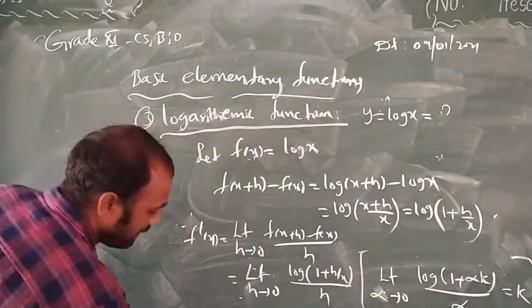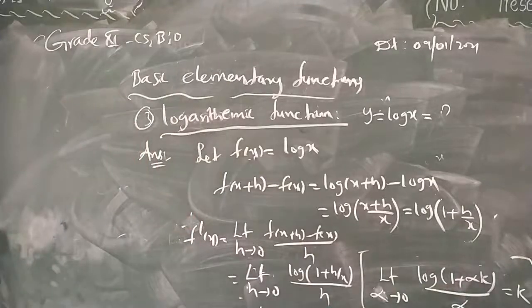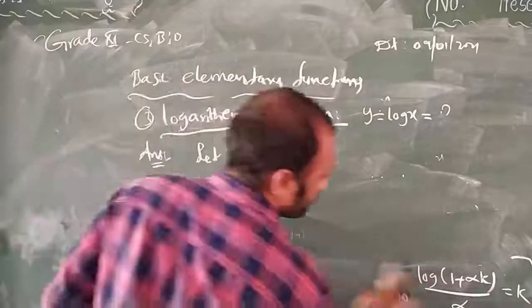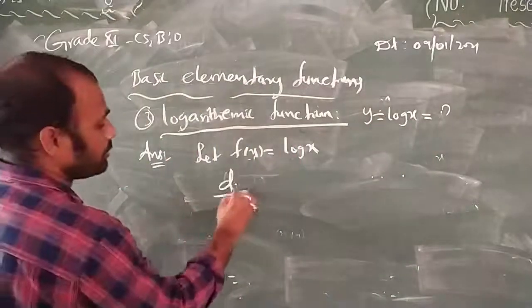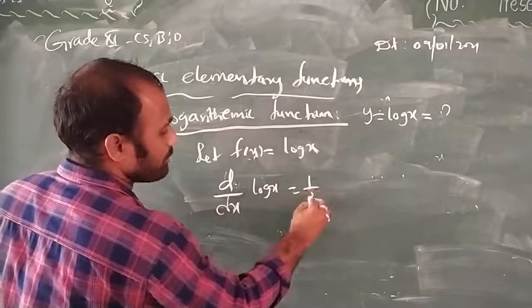So we can write directly the answer as 1 by x. Therefore, the derivative d by dx of log x is 1 by x.